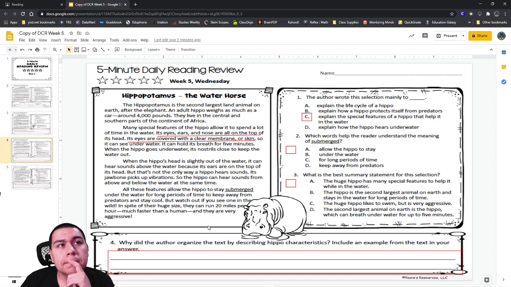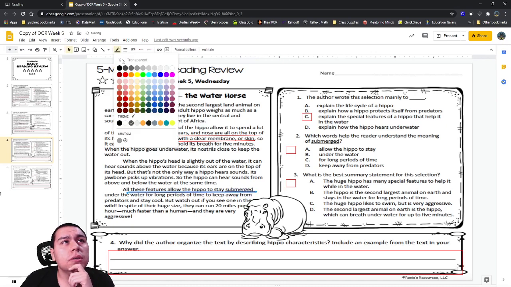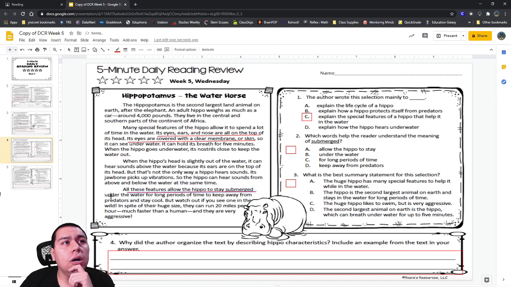Okay. So if I look there at the end in paragraph 4, and I love that you were specific about the paragraph, all of these features allow the hippo to stay submerged under the water for long periods of time.